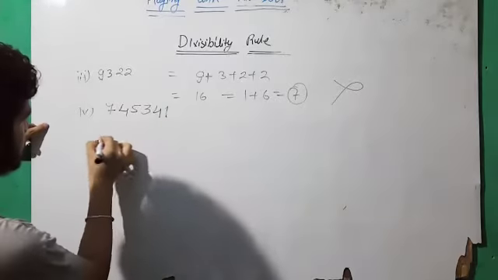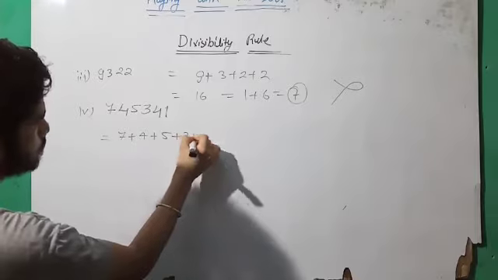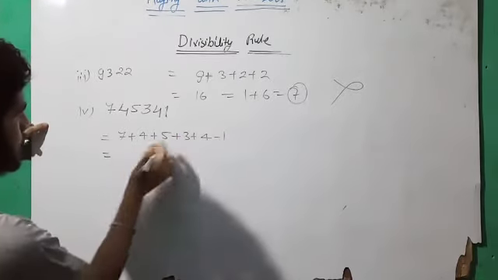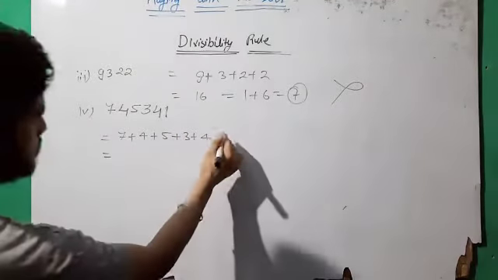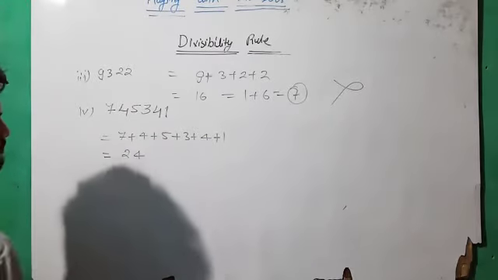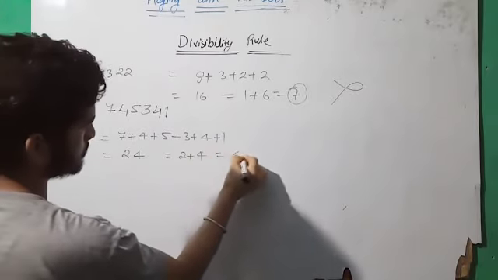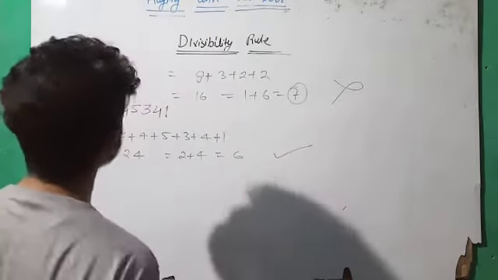First, the digital sum: 7 plus 4 plus 5 plus 3 plus 4 plus 1. 11, 16, 20, 24. So 24 is 2 plus 4, 6. 6 is in the table, so this is divisible by 3.